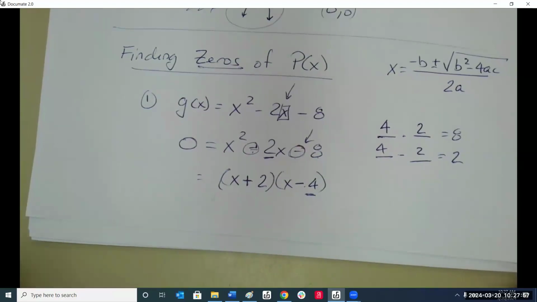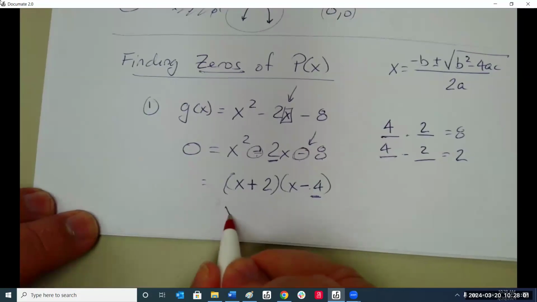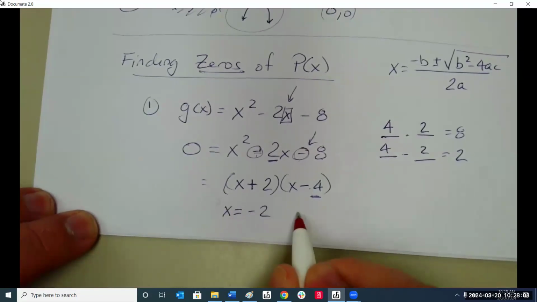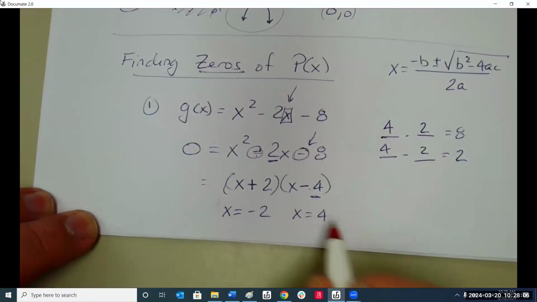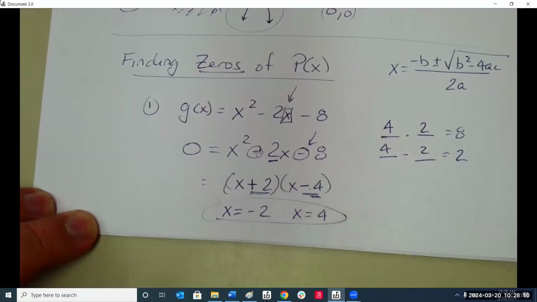So what are my zeros? Yeah, x equals -2, x equals +4. It's always going to be what's opposite inside there.